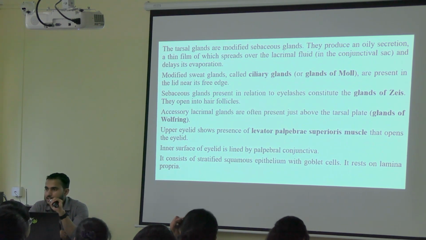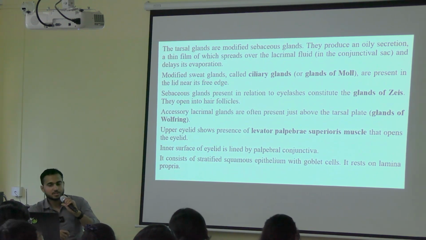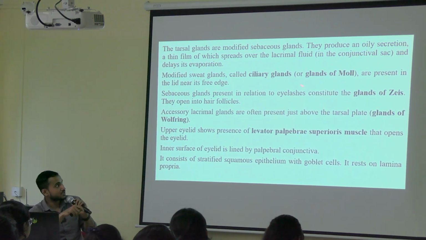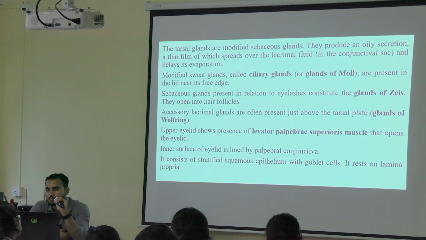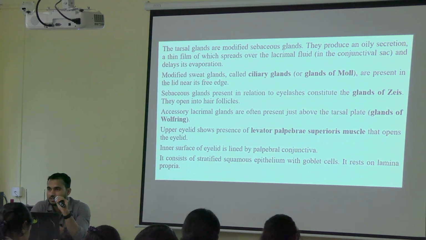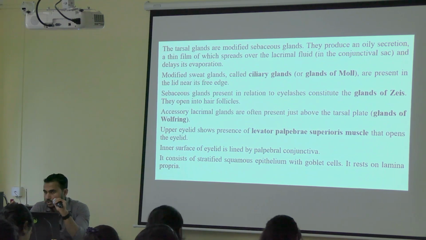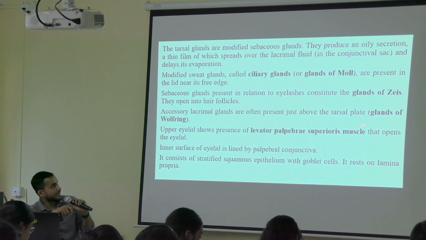Next, other types of glands are also present in the eyelid. Now what are these? Some modified sweat glands are there. These are called ciliary glands, or glands of Moll, present near the margin of the eyelid, the free edge of the eyelid. Next, there are some glands related to the eyelashes. These are called glands of Zeiss.